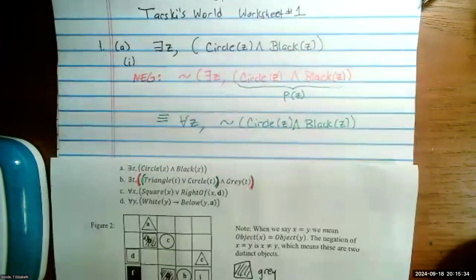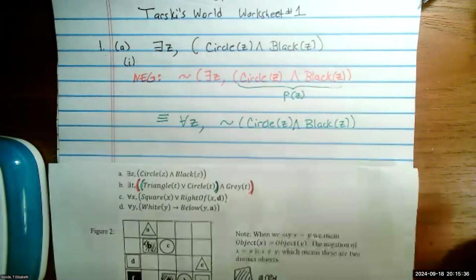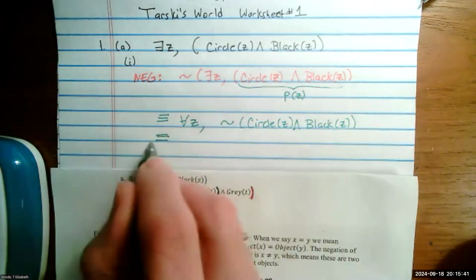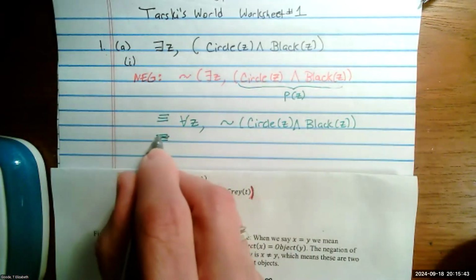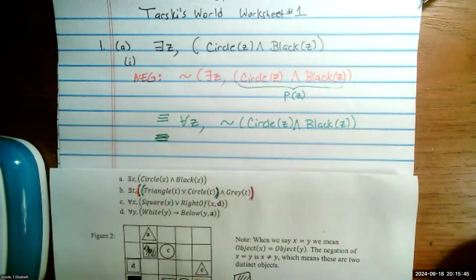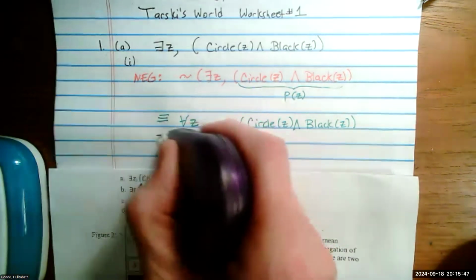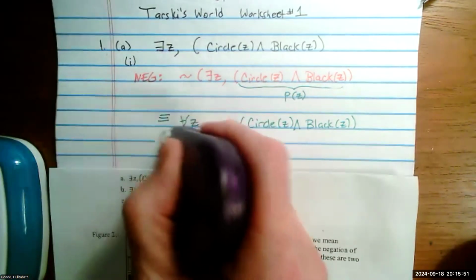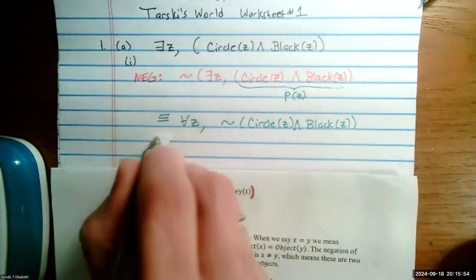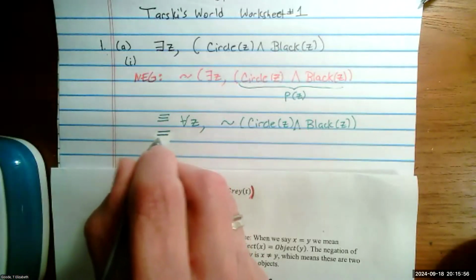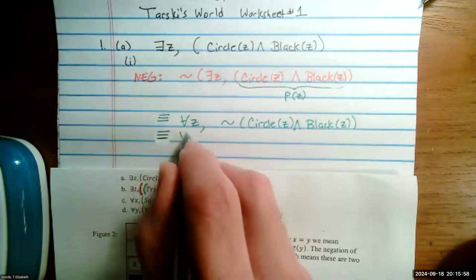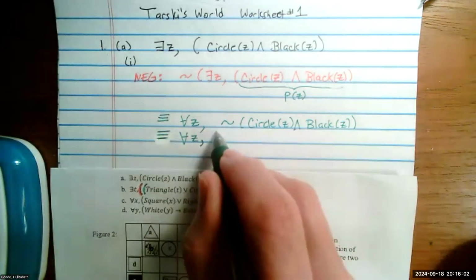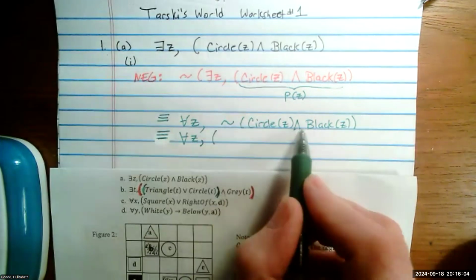All right, great. So now we've got one more step and we'll be done, because we just need to bring this not through that predicate, which is a compound predicate. It's an and statement, right? So we use De Morgan's law. De Morgan's law tells us how to negate an and statement.